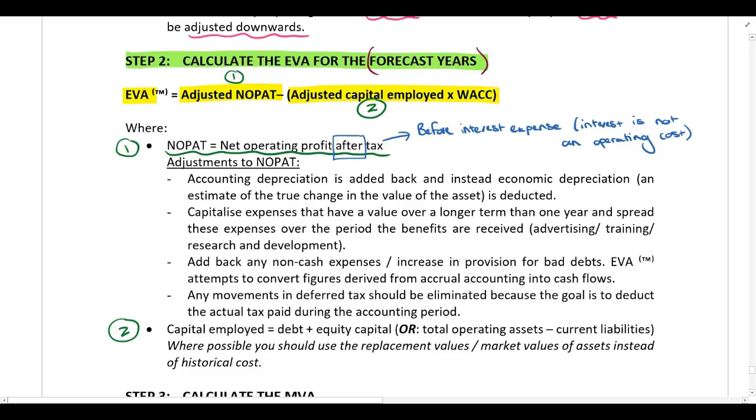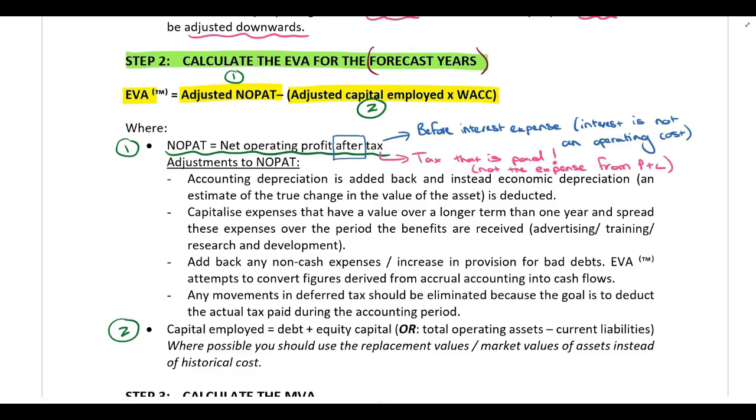But please note, it's not the tax expense on your statement of profit and loss and other comprehensive income. It's the tax that is actually paid. So again, that's exactly the same as what we saw with the free cash flow method. So that's the starting point. We get our net operating profit after tax paid.